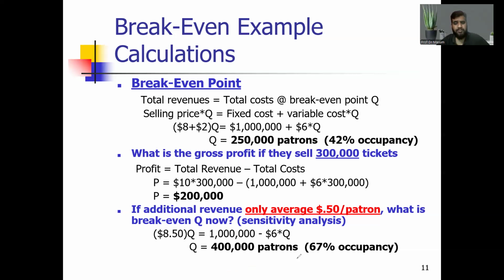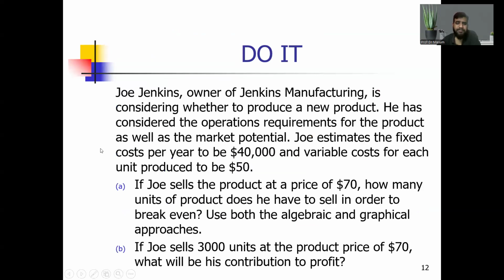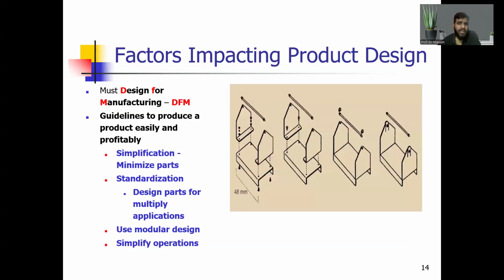the break-even point to choose the idea, to choose the new product idea. And after choosing the idea, you will also think about the design for manufacturing, DFM.